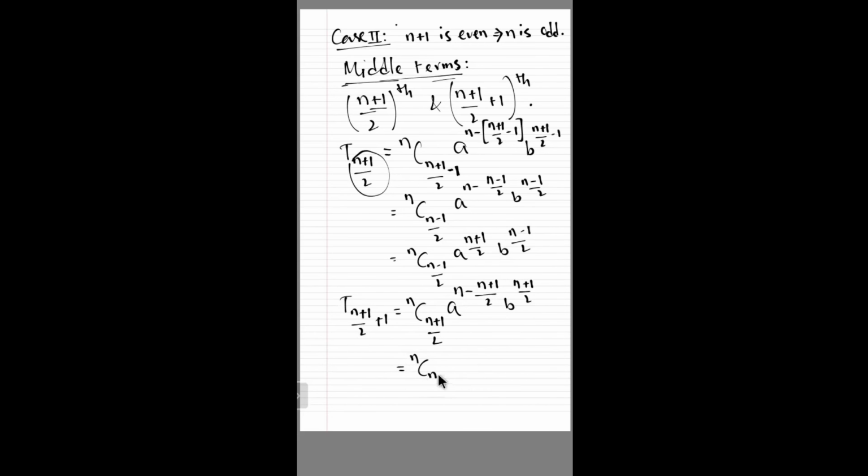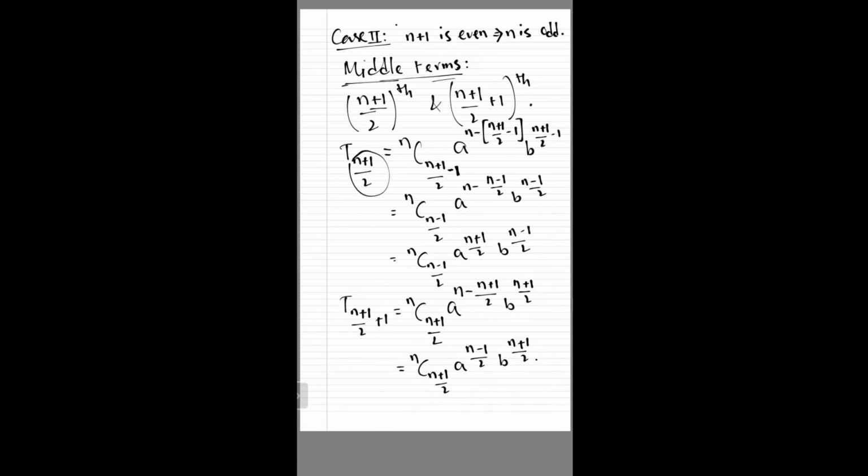After the simplification, you will get nC_{(n+1)/2}, a to the power (n-1)/2, b to the power (n+1)/2. So as a compact expression for the two middle terms, we are getting the terms like this.